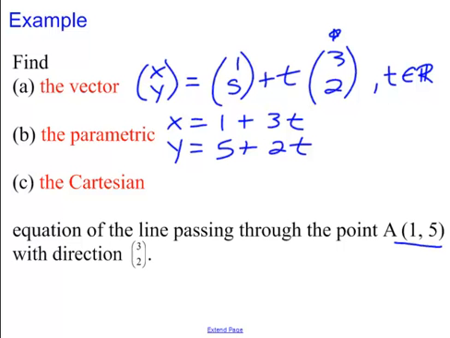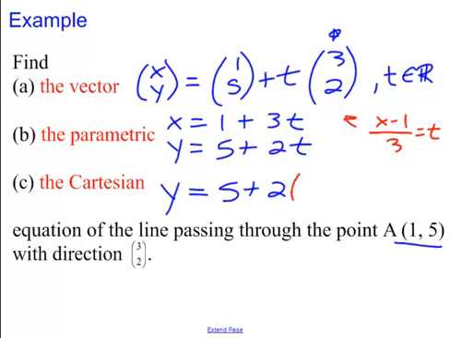And then lastly, Cartesian form. I'm going to have to solve for my t. Again, I like y equals. So y equals 5 plus 2 times, now I have to solve for t. So to solve this one for t, it's x minus 1 divided by 3 equals t.